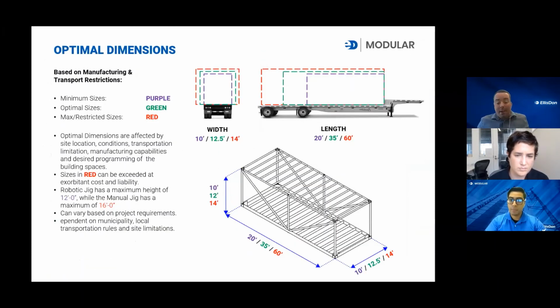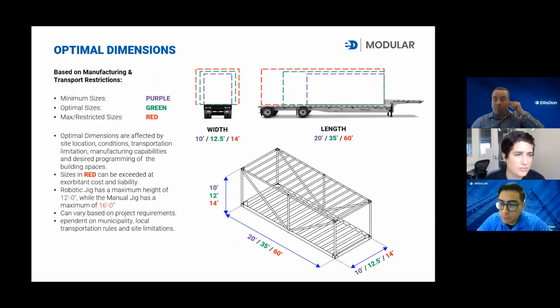And then as we mentioned, we're going to get into just a few design requirements that we look at from a modular perspective that you certainly want to make sure you take into consideration. So Tim, feel free if you want to maybe touch quickly on our optimal dimensions and some of the reasons we look at them early on. Yeah, definitely.